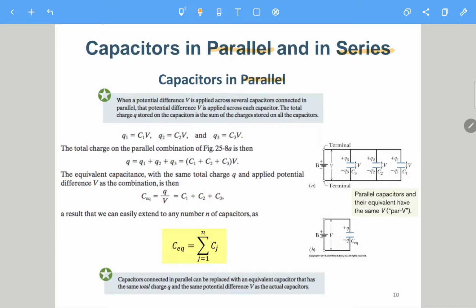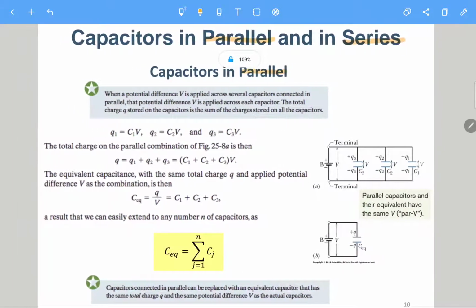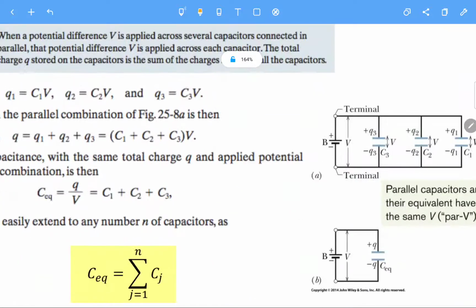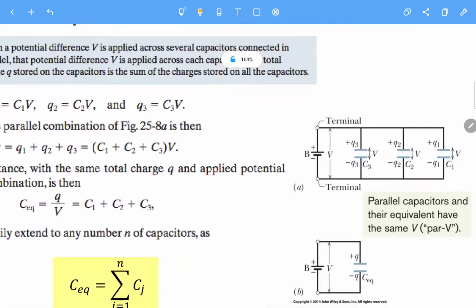So for parallel, suppose we have three capacitors here, denoted by C1, C2, and C3, and then we have a voltage here. We connect all the positive sides together, and then we connect all the negative sides together. So this is called a parallel.